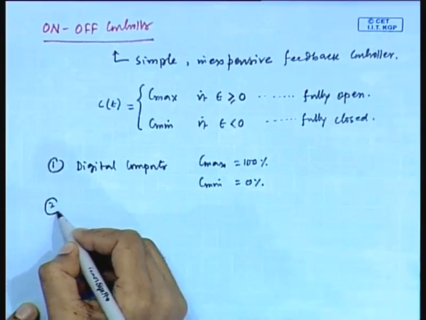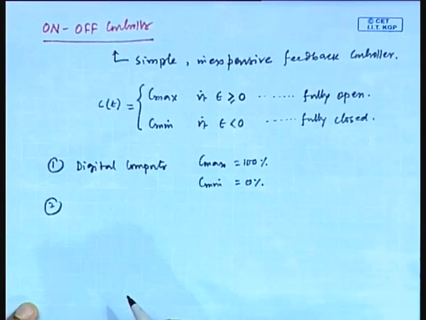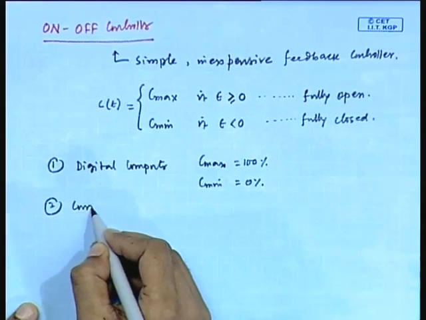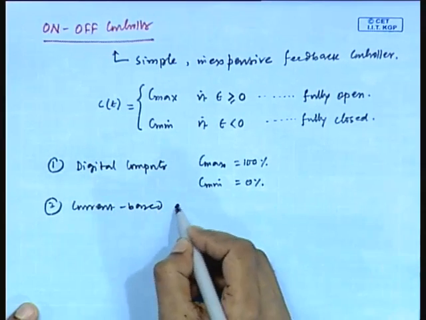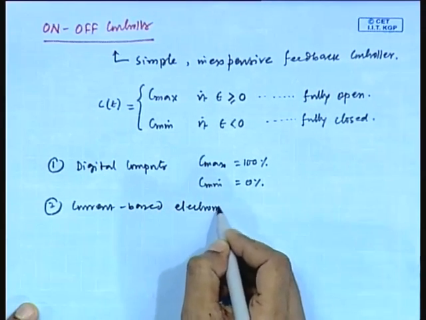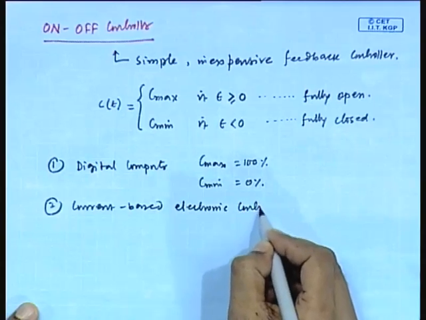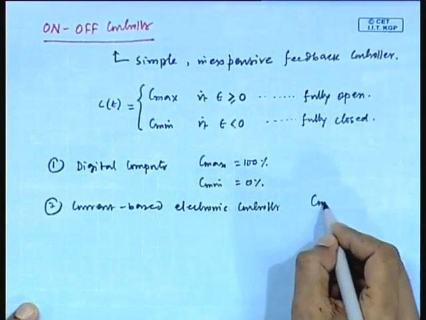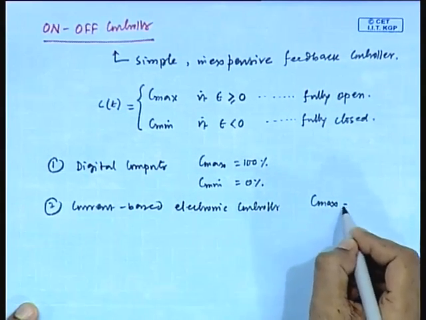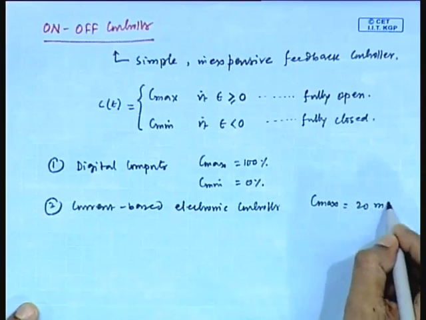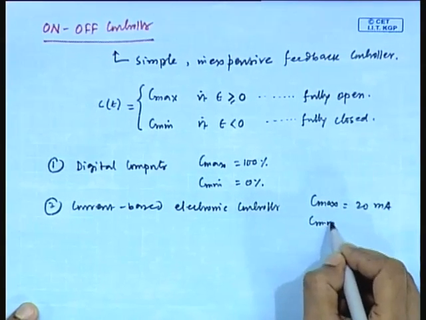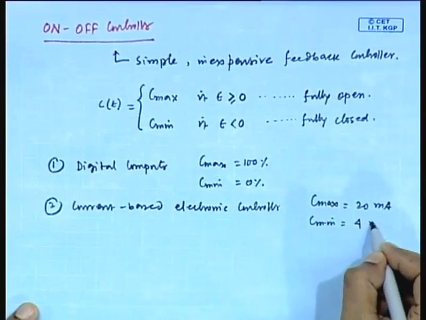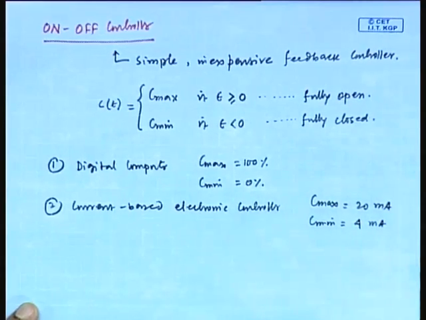If we consider a current based electronic controller, Cmax indicates 20 milliampere and Cmin equals 4 milliampere.